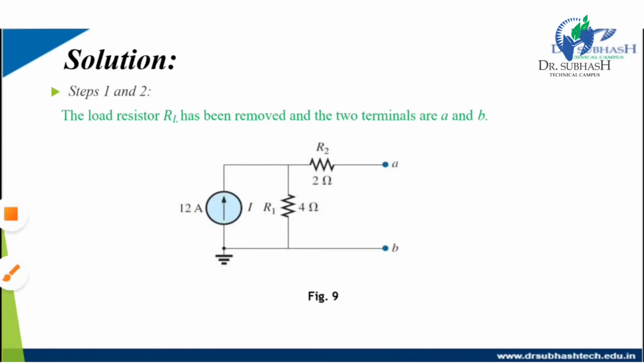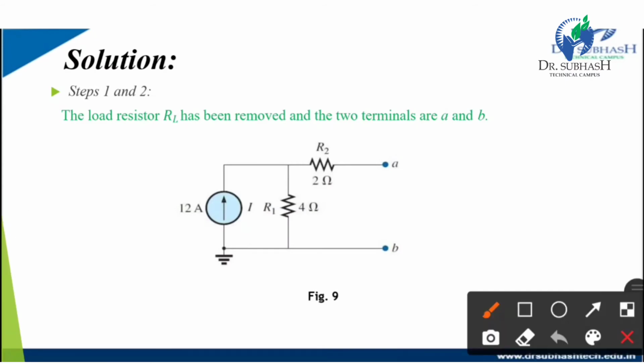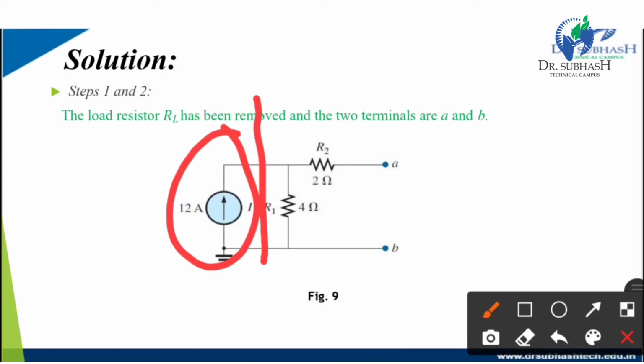In our case here, the current source of 12 ampere is open circuit, which means we remove it. So our circuit becomes R1 and R2 between the terminals, and these resistors are in series connection. So RTH becomes 2 plus 4.